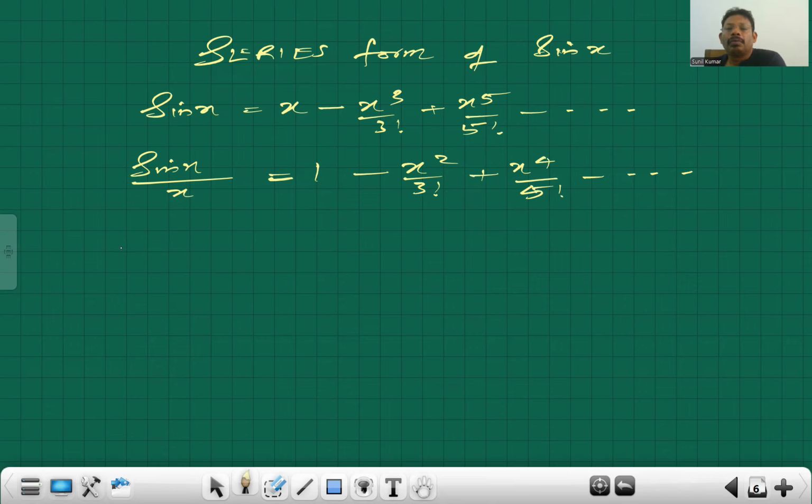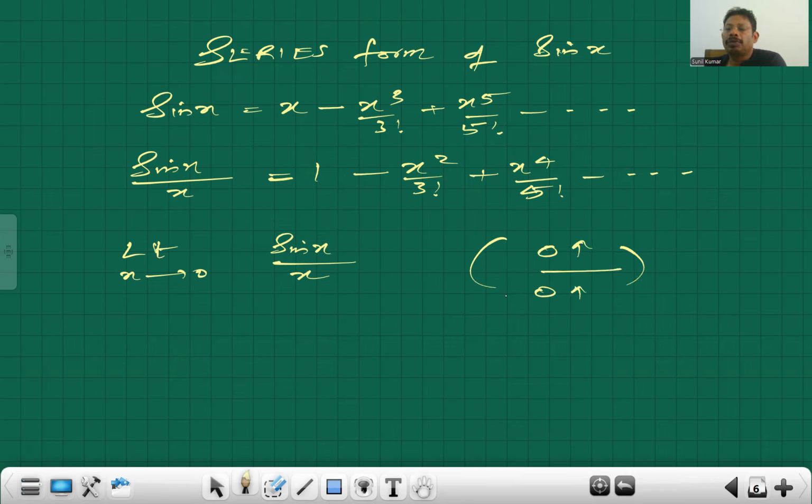Now I am going to take the limit x tending to 0 of sin x by x. On the LHS, numerator tends to 0, denominator also tends to 0. That is happening, but x never becomes 0; you have to keep that in mind. With x tending to 0, sin 0 is also 0.